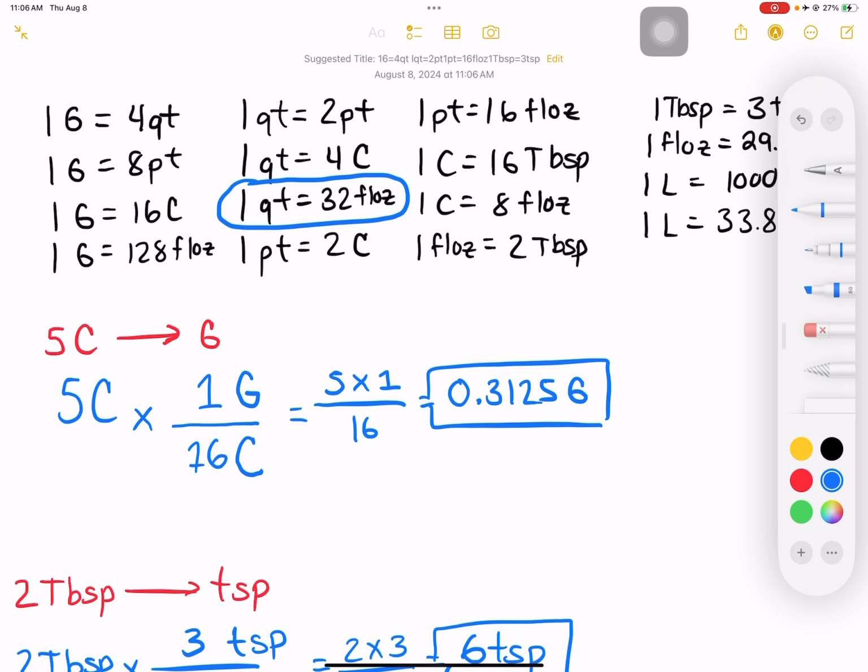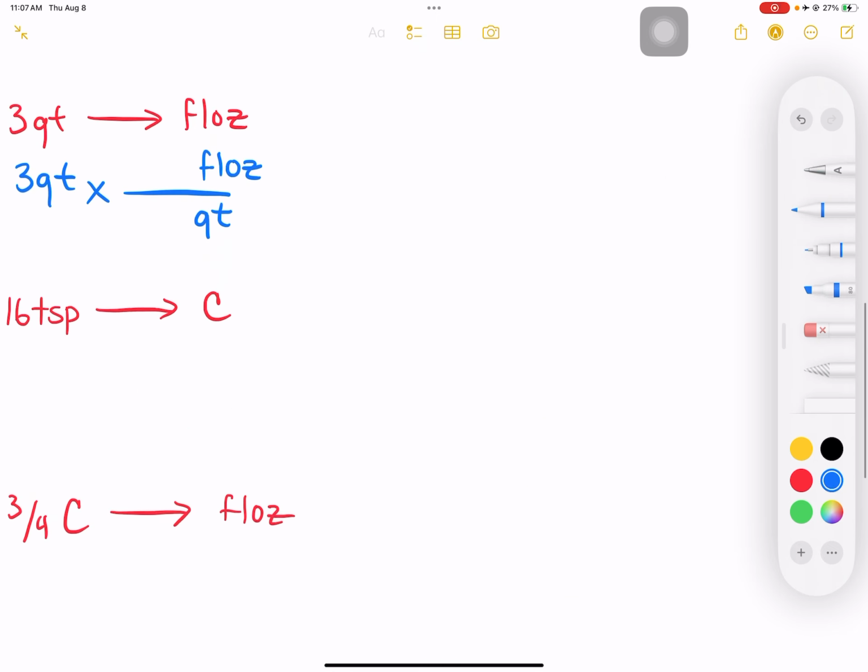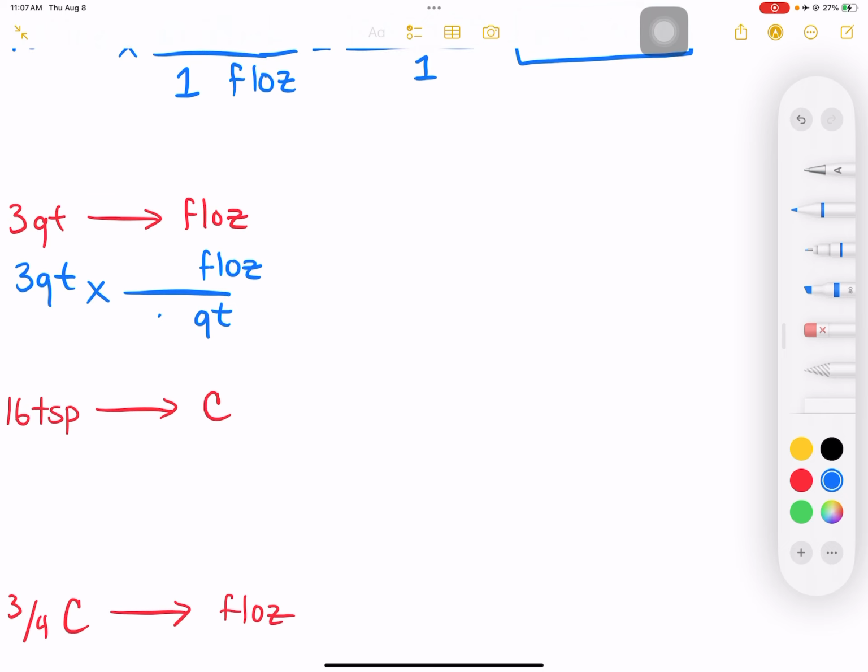Those are quarts to fluid ounces or fluid ounces to quarts. It doesn't matter how you see this. It's a relationship. It means that 1 quart has 32 fluid ounces. So 1 goes in the quarts, 32 goes in the fluid ounces, because that's what the conversion factor says. It's just converting to a fraction.